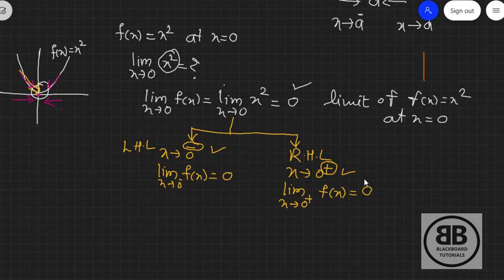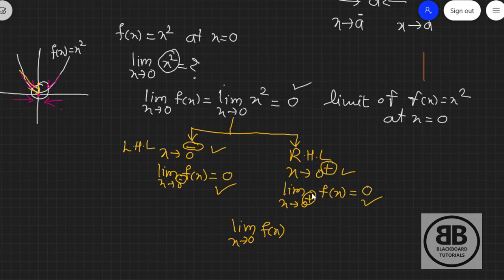It is also 0. So the left hand limit and right hand limit both are equal, and this equal value is simply written as limit x tends to 0 f of x. So now there is no need to write the symbols minus and plus because both have the same value.